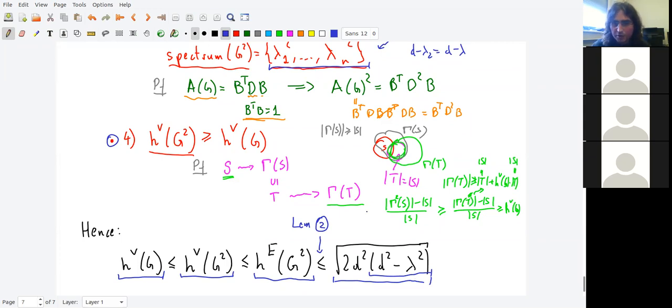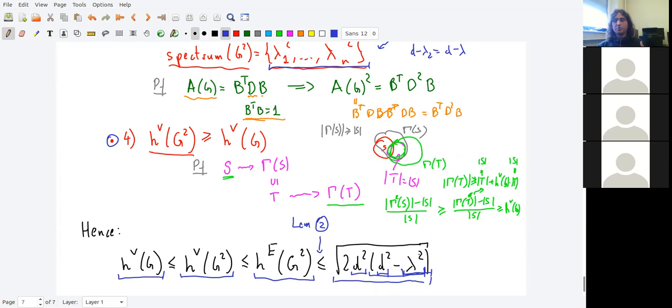Here the regularity of G square is D square, so this is this. And now the second eigenvalue is actually the square of the second, up to the absolute value, eigenvalue of the original graph.